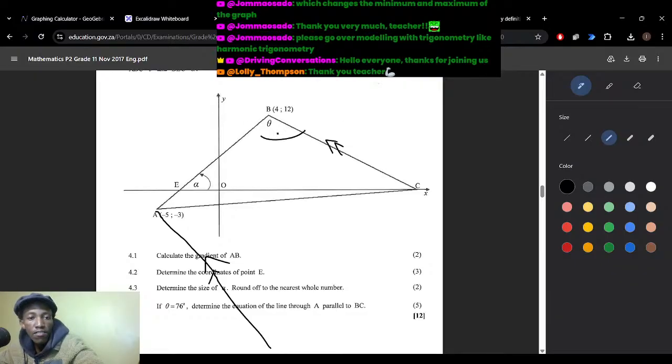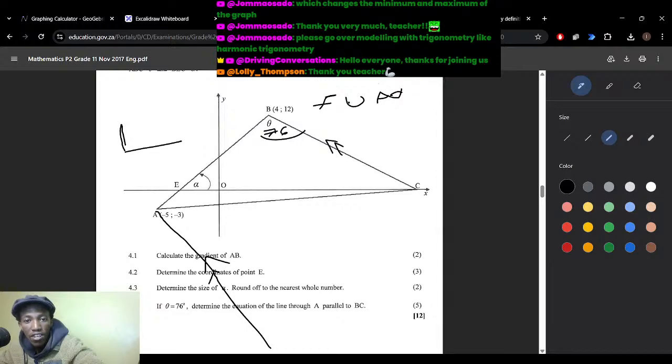So if this is 76, this is 76 also. By grade 9, we have what is called fun maths.